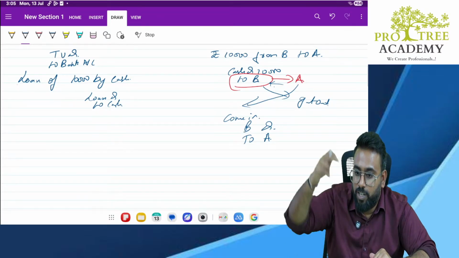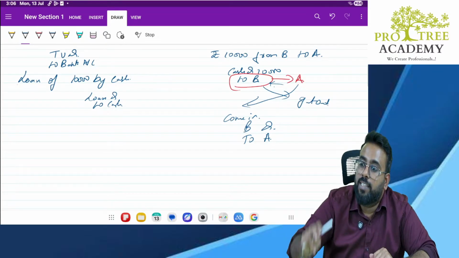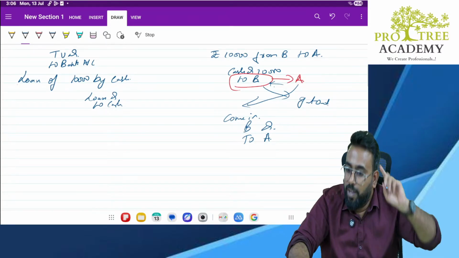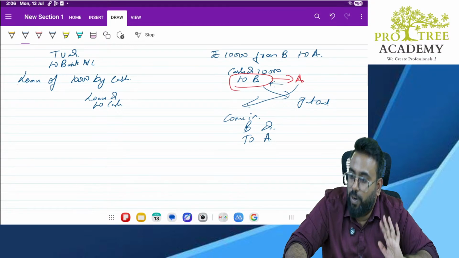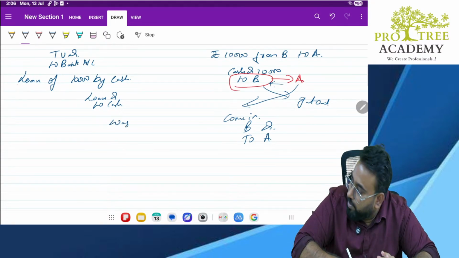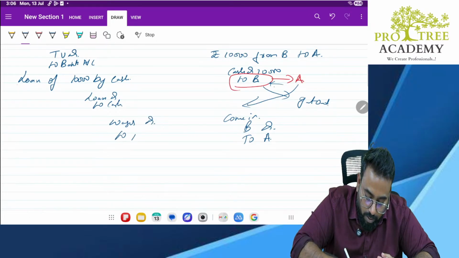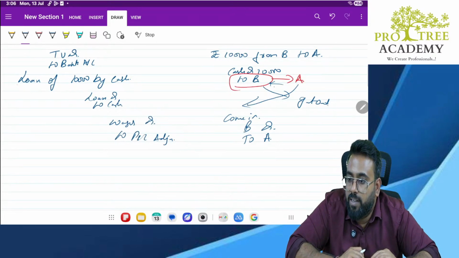So my P&L should have gone down or come up because of this. This year also, that adjustment should go to the P&L adjustment account. So what is the entry I should record? Wages account debit to P&L adjustment account. Clear?